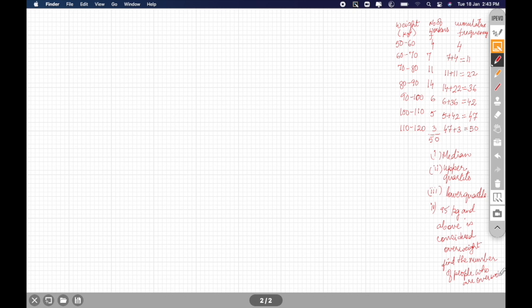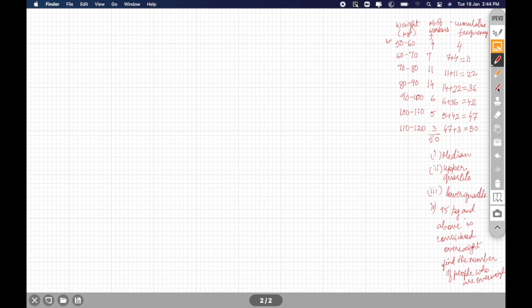Now here I have to consider the positive x-axis and the positive y-axis. Along the x-axis we will plot the class intervals, that is the weight, and along the y-axis we will plot the cumulative frequency. Here we are provided with 7 class intervals, so I would prefer to take 10 squares as 10 units in my graph.